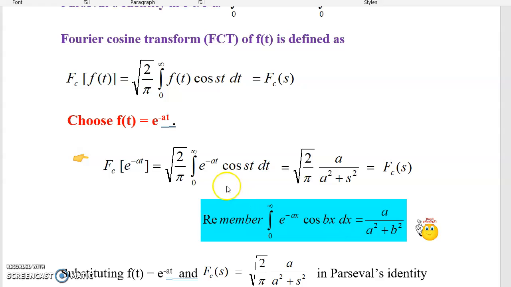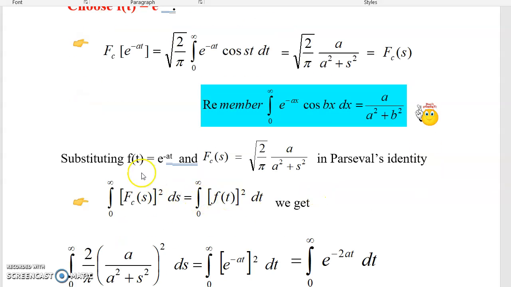Comparing this and this, in the place of a here we have a, but in the place of b here we have s, and the variable of integration is t instead of x. That's it. So a by a squared plus b squared. In the place of b you have s. So a by a squared plus s squared. So this is the final answer of the Fourier cosine transform of this function, which we call Fc of s.